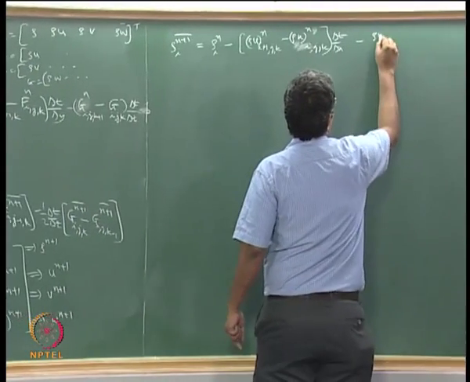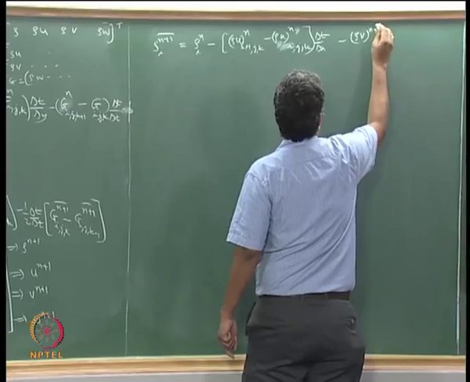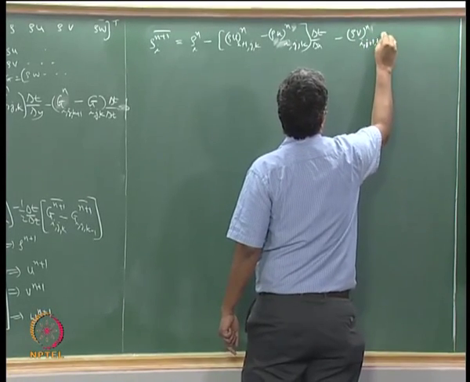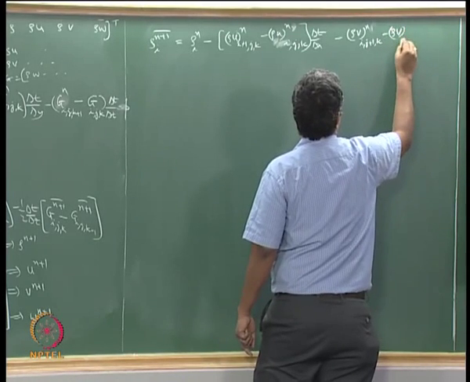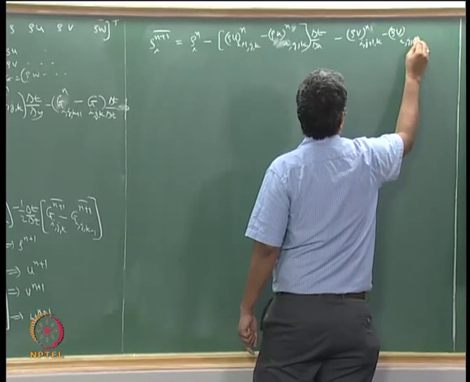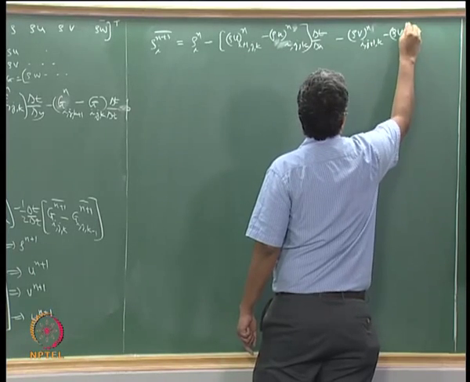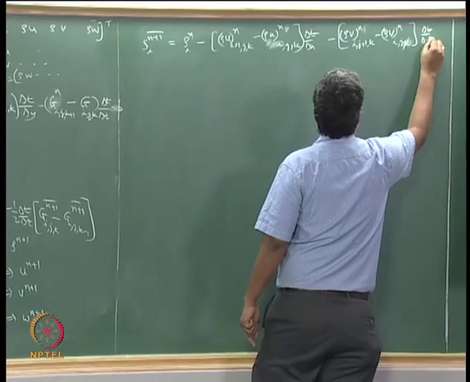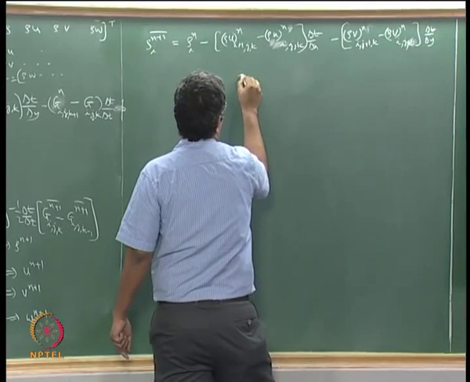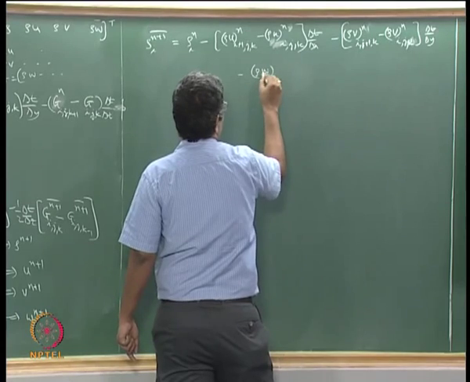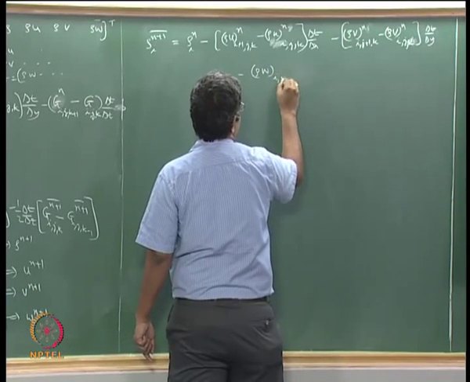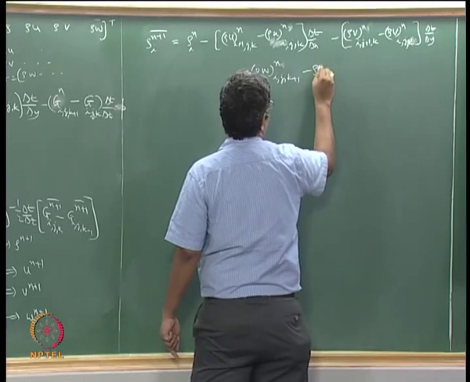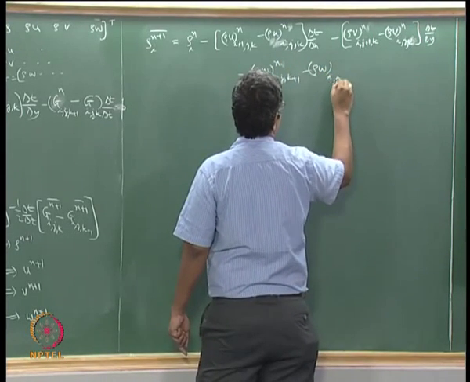So this is rho v at n, i j plus 1 k minus rho v at i j k, minus rho w at i j k plus 1 n minus rho w at i j k.